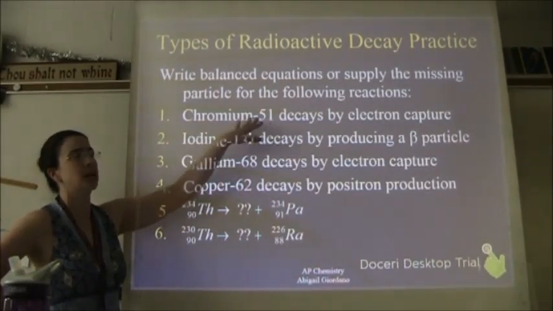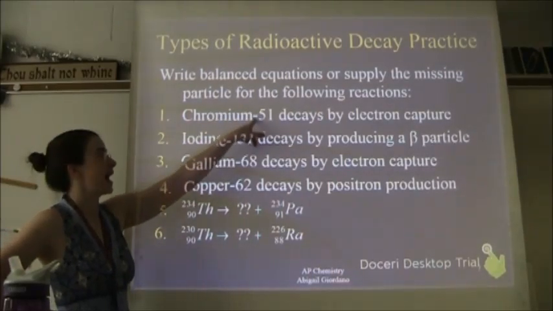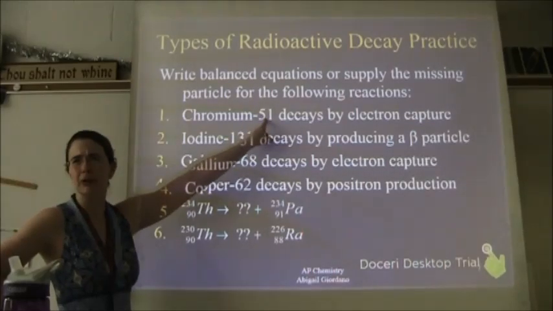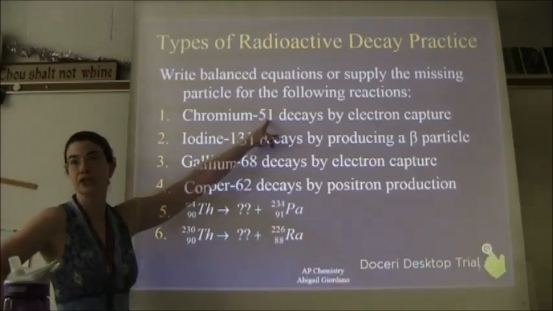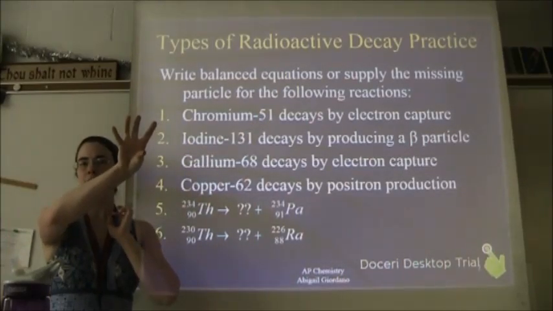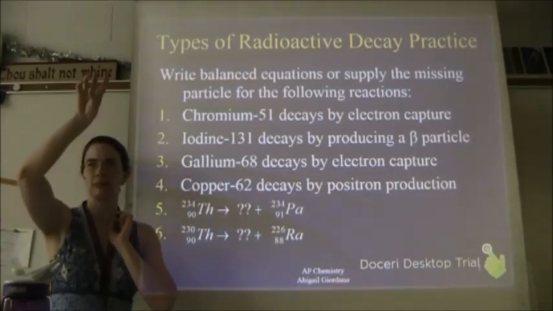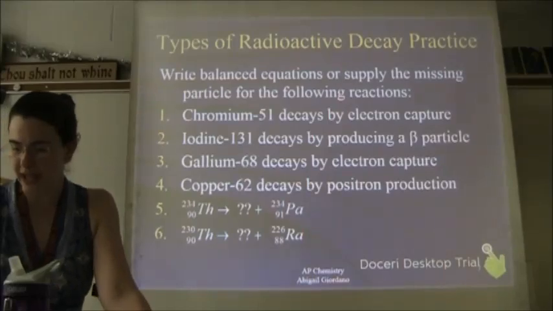When you see notation like this with an element name, a dash, and a number, what is that number? It's the mass number, protons plus neutrons. And when you're writing like the element symbol, number, which one is it, bottom or top? Top, okay.